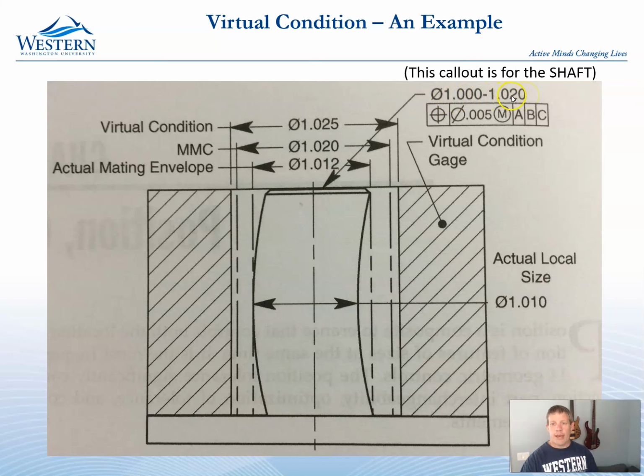Remember, the maximum material condition for a shaft is the biggest shaft. That's when it has the most material. So that's 1.020. And then we add on this true position because that will make the tolerance a little bit bigger. And so that makes our virtual condition 1.025.